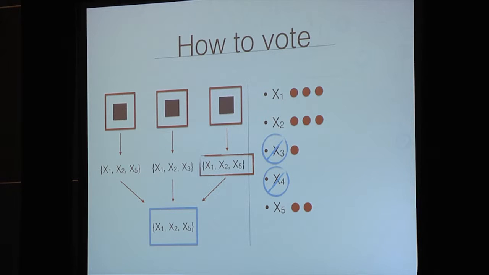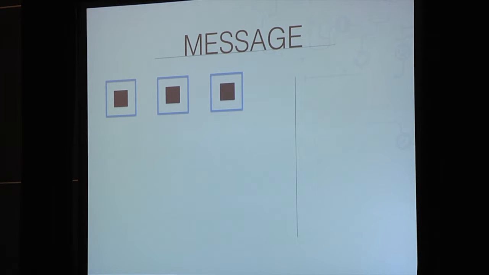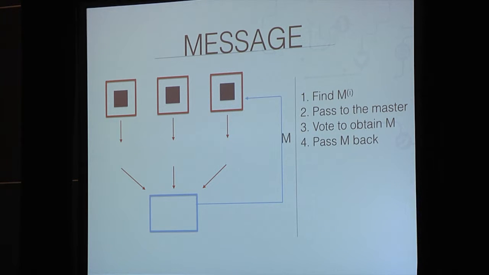Now with this voting scheme, we are able to describe our message framework like this. You first distribute your subset data onto all the machines, and you ask each machine to find its own set of features. These features are collected by the master machine, which votes to get the median model. After that, the median model is passed back to the original sub-machines.